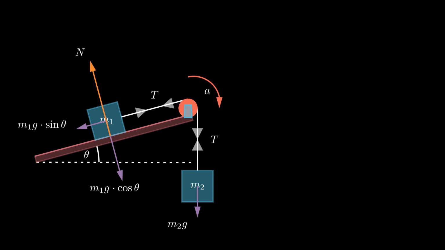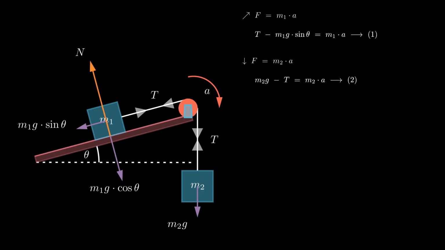Let's start by considering these objects independently, and then apply Newton's second law. For weight M1, we will apply Newton's second law along the inclined surface in the direction of acceleration, and derive this equation. Next, we will apply Newton's second law to the weight M2 in the downward direction, and derive the second equation.